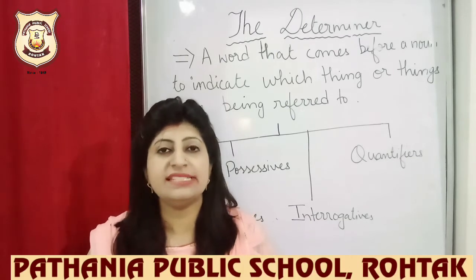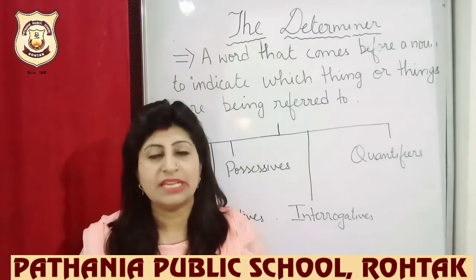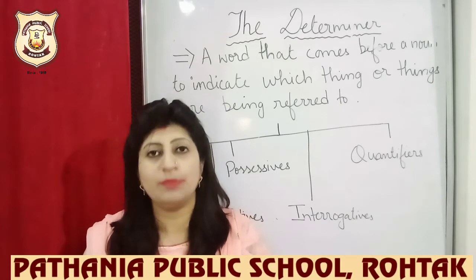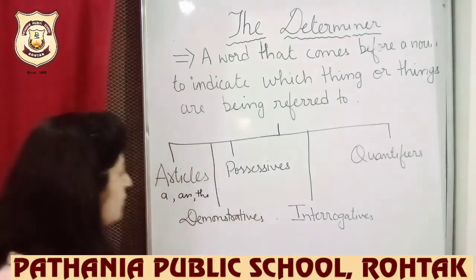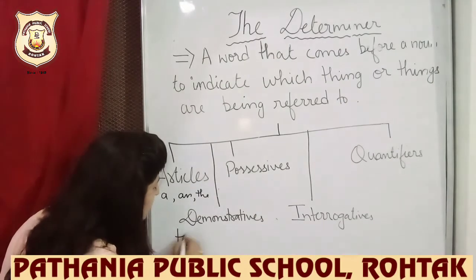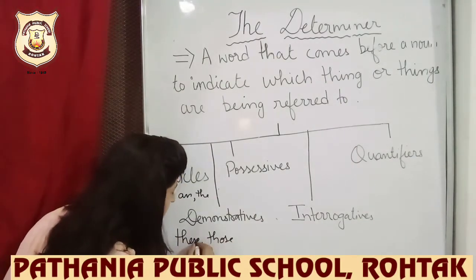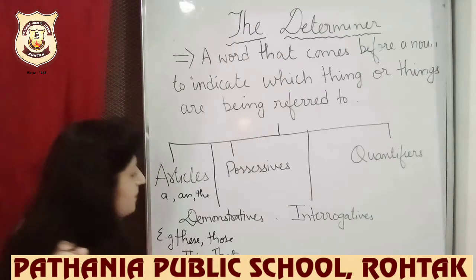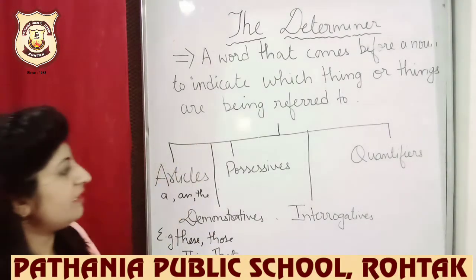For example, when I say the book is on the table, I have used the determiner the before the noun book, and I am referring to the table out there. So words like these, those, this, that are all examples of demonstrative determiners.